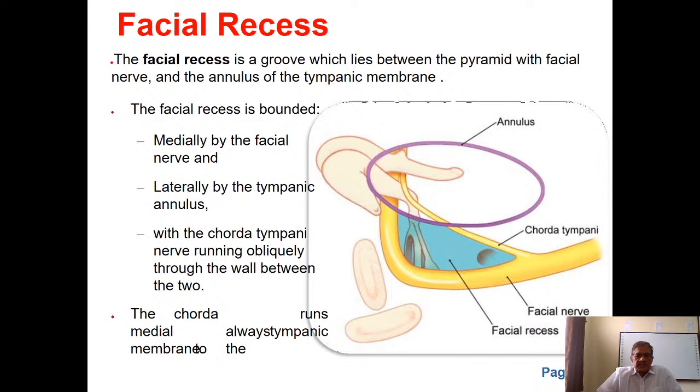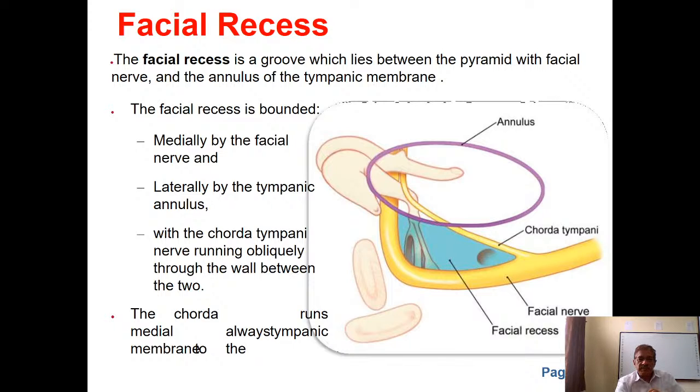Now, the facial recess is another recess which is important because in cochlear implants, the implant is fixed in the mastoid cavity, and the connection is brought into the middle ear cavity without damaging the tympanic membrane.